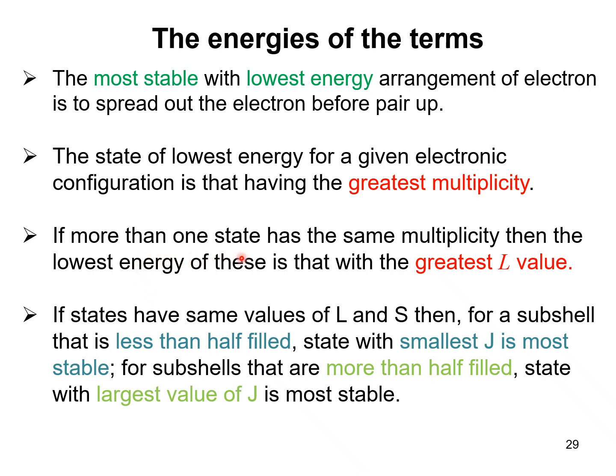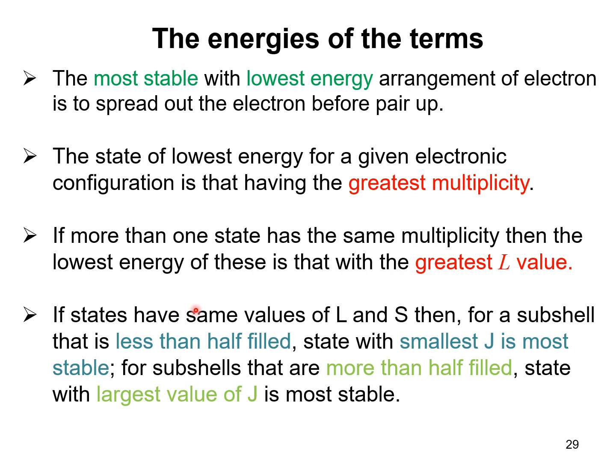If more than one state has the same multiplicity, then the lowest energy is that with the greatest L value. So the greater the value of L, the lower is the energy.